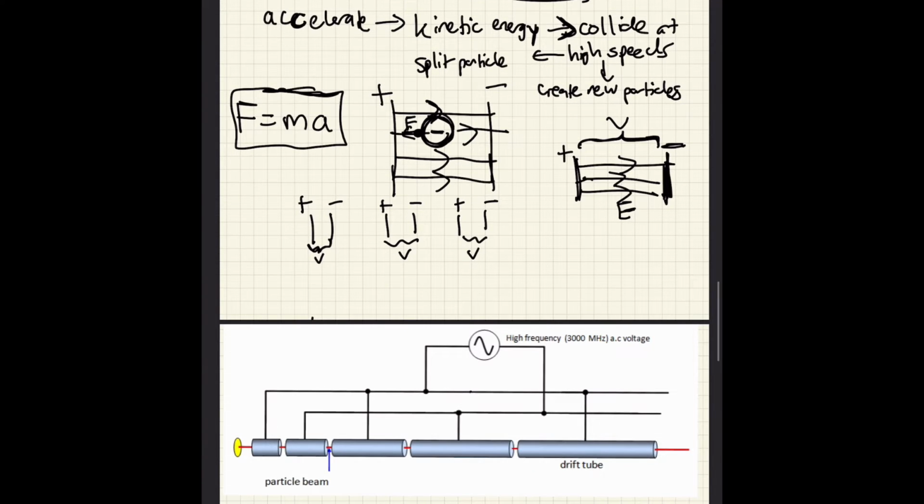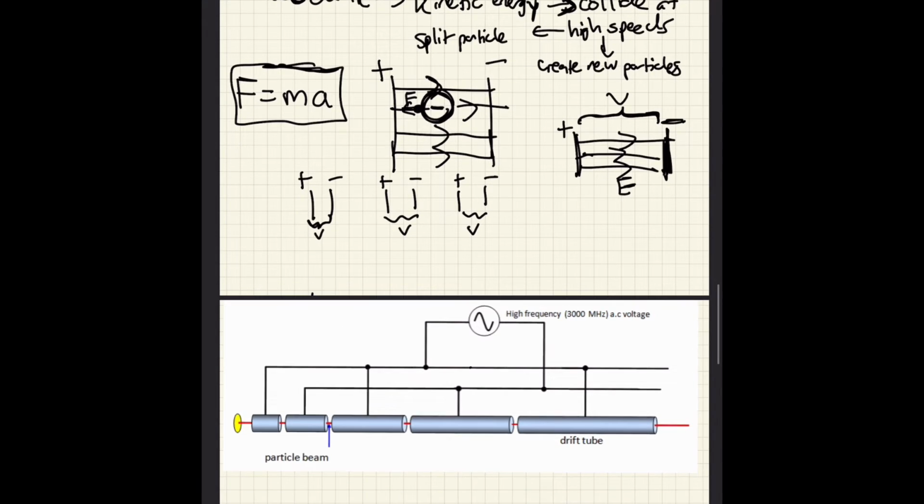Because there's a force. Force does work, right? Work is force times distance, so it gives energy. And the work done is equal to charge times potential difference, because potential difference is equal to work done per unit charge. So work done is charge times potential difference, okay?